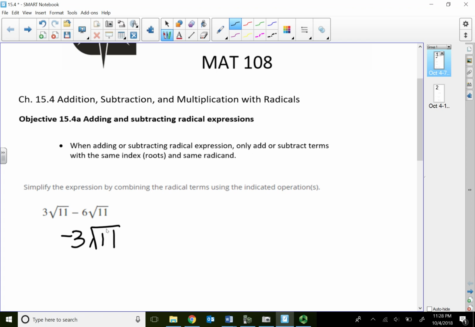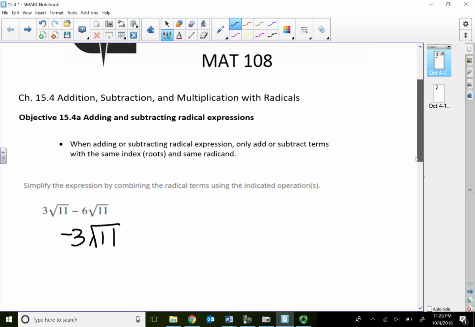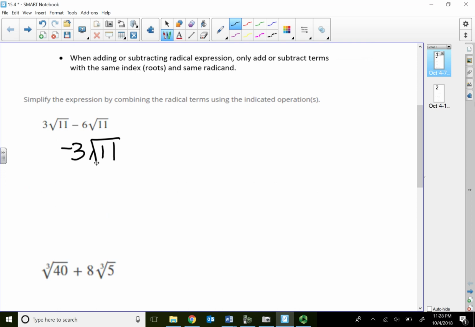Like we talked about before, if you enter square root of 11 in the calculator, it's simply some sort of irrational number. So that's why we just write the answer in radical form.